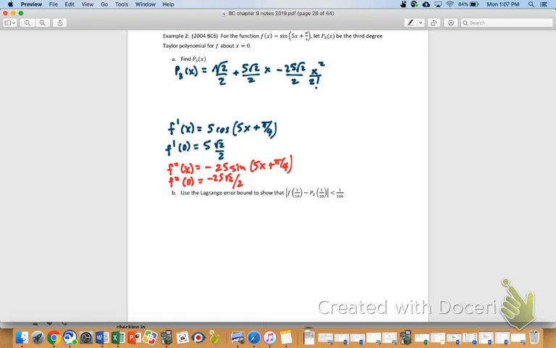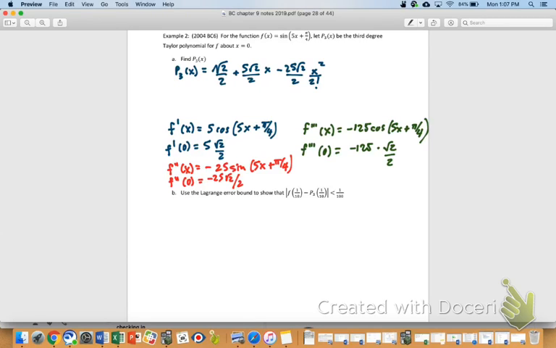And it looks like this is going to be my last term because I'm looking for third degree and I'm up to second degree. So third degree would be third derivative. And that would be negative 125 cosine of 5x plus pi over 4. So at the centering point, this would be negative 125 times root 2 over 2. You guys all doing okay?